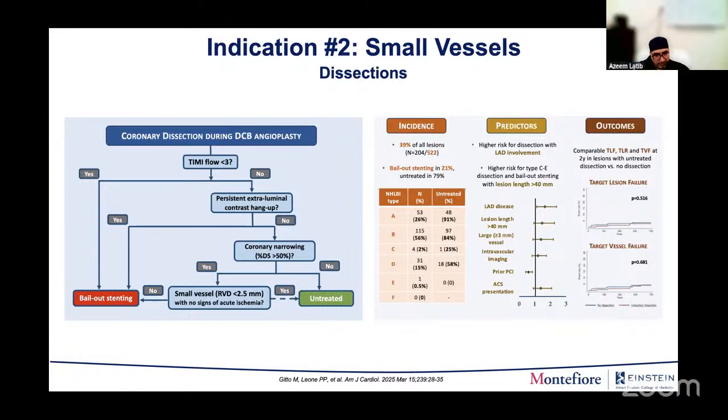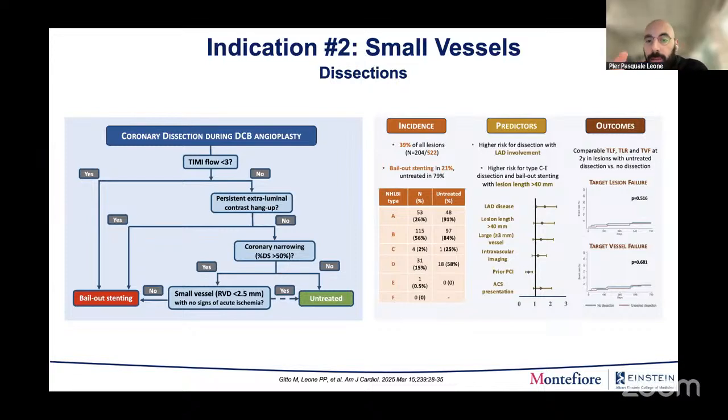Most likely we had a selection bias, that the LAD was diffusely diseased with very tortuous vessels. That's the explanation I made to myself. Okay, so this is not a predictor of acute vessel closure. No. This is a predictor of dissection. Okay, all right.